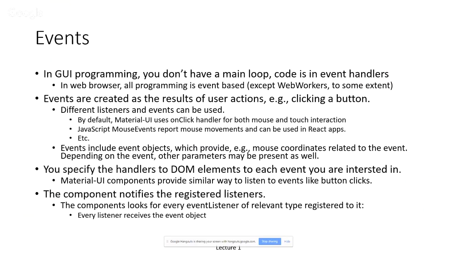And yeah, you specify the listeners either to the components, like the Material UI components, or directly to the DOM elements, whatever happens to be the actual HTML and the DOM that is the result. You don't need to worry about that. And then whenever something changes, that event listener code will be called.